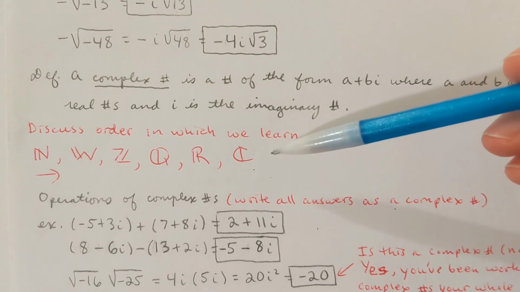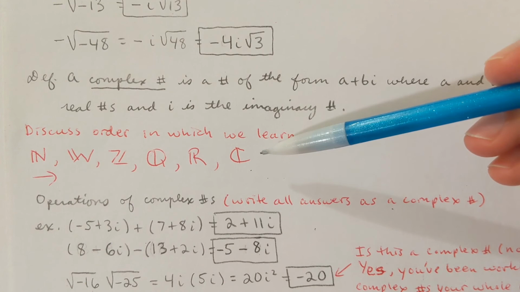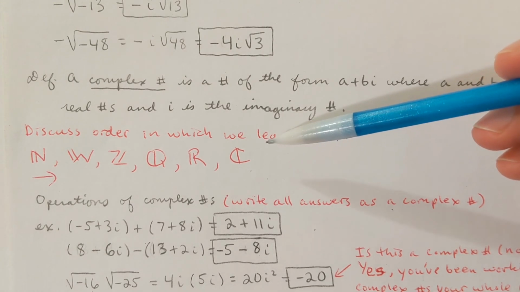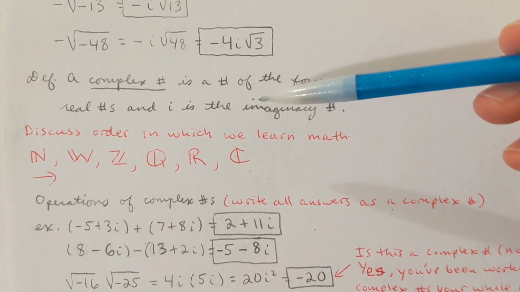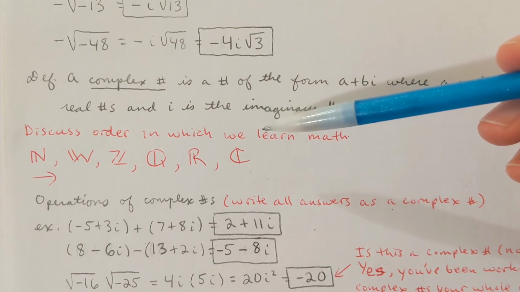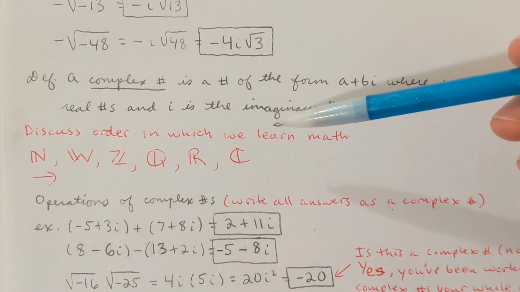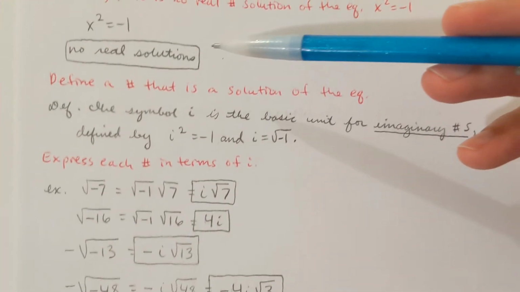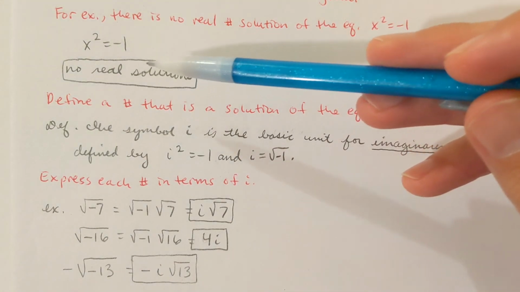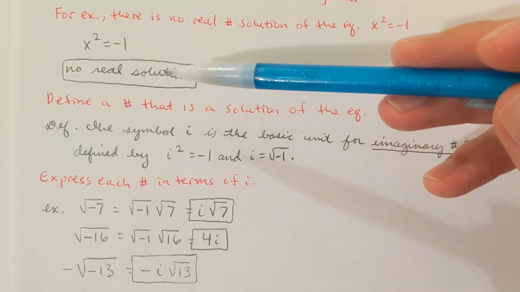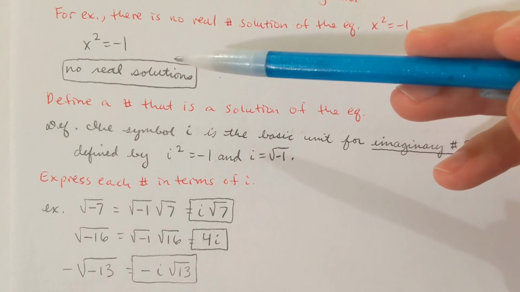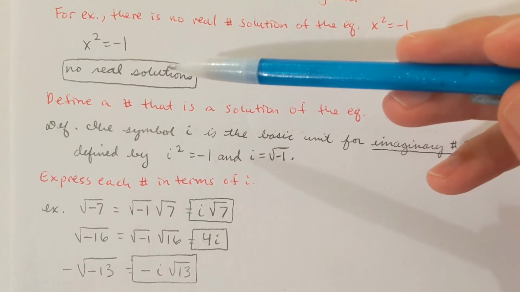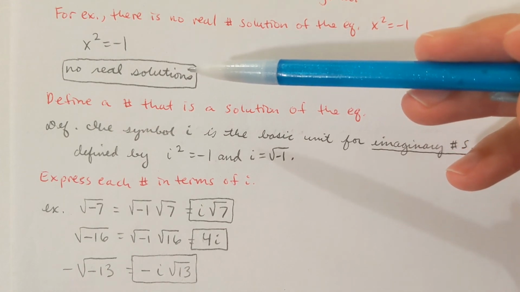So why we're doing this is, it all revolves around solving equations. Like if I want to be able to solve this equation, I have to know what a complex number is. If I don't know what a complex number is, then I can only write no real solutions.